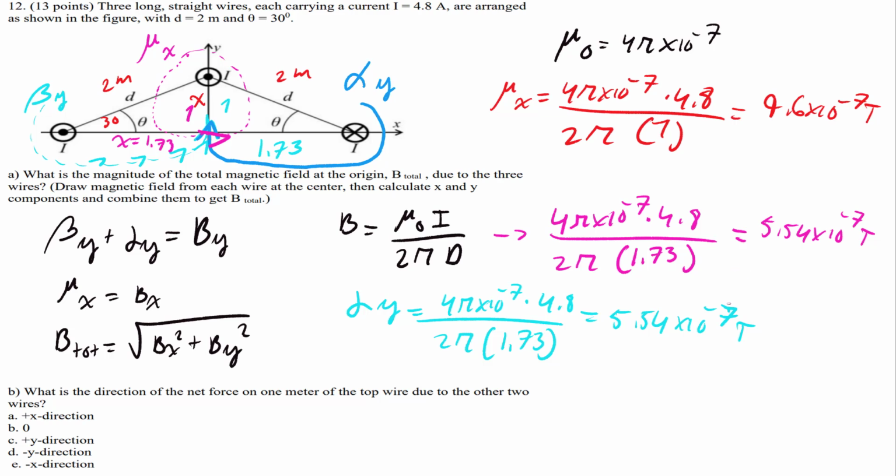If you were to add these together, you would get 1.1 times 10 to the negative 6 Teslas, right? Okay. Oh, it's a very tedious problem, but it's good. So now we have mu sub x squared plus by squared. This is by.